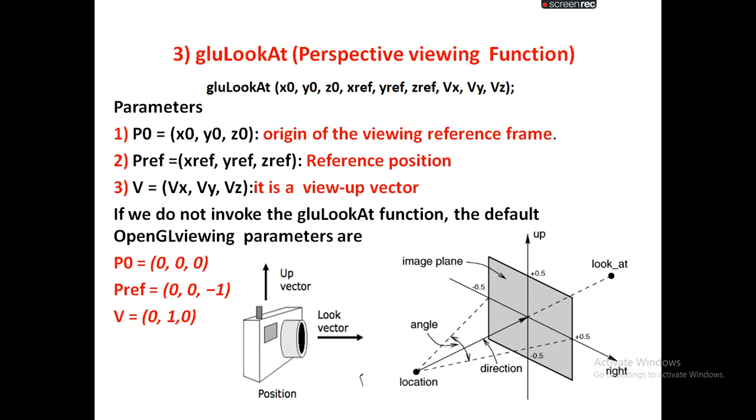The VUP vector is nothing but the y-axis value. See the camera position here. This is called the viewing direction. We selected P reference here, P naught also here, and this up vector is nothing but the y-axis value with respect to our real camera, or the synthetic camera. The position of the synthetic camera is at the place called location.